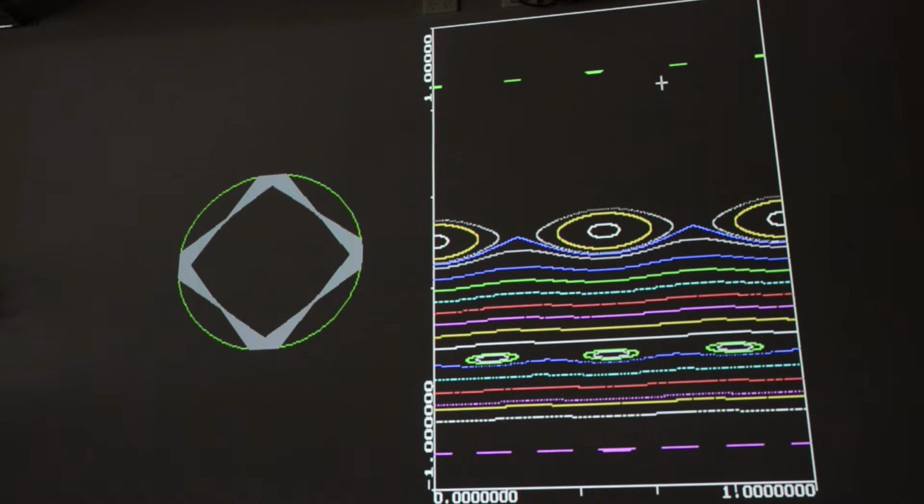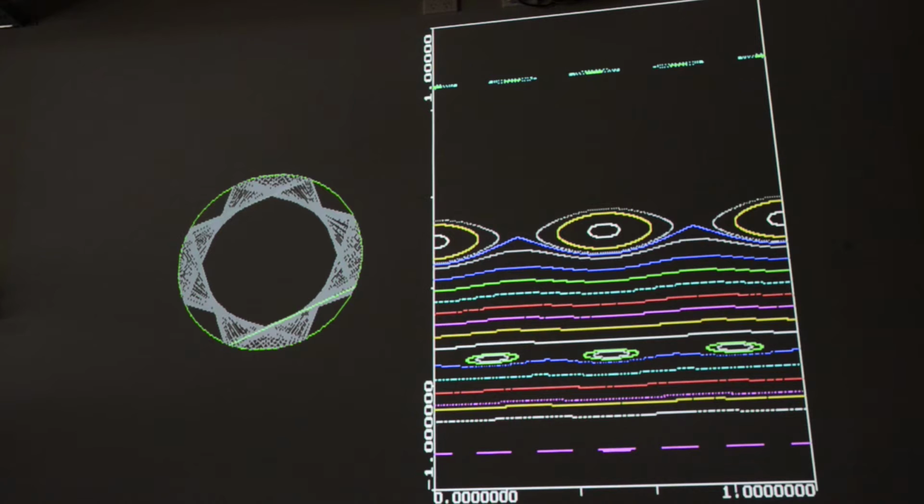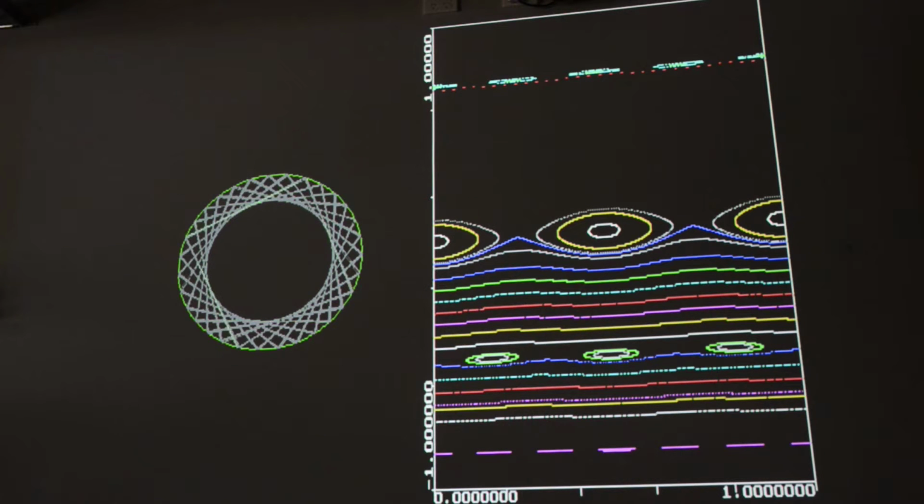Let's see what happens if I take something that's kind of close by. There, I have again, of course, a ring of 4. Now I'm out of the ring of 4. You see that it's going to close up.